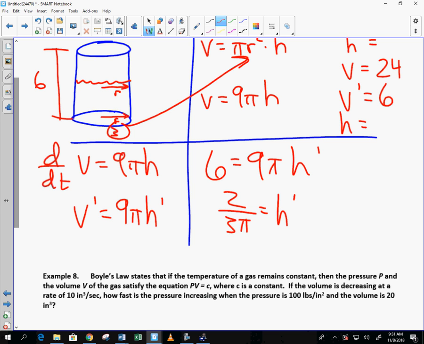So 2 over 3 pi is equal to h prime, right? Did we even need to know the current height? Current height doesn't matter. So therefore, h prime is equal to 2 over 3 pi what? What's my label? Awesome.